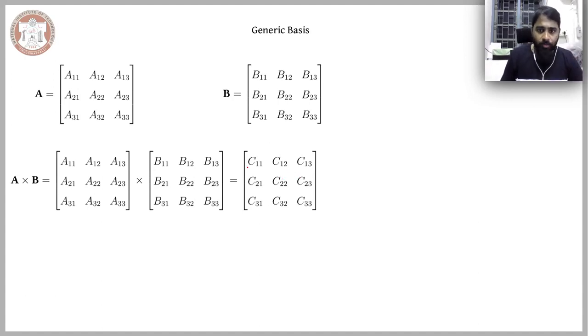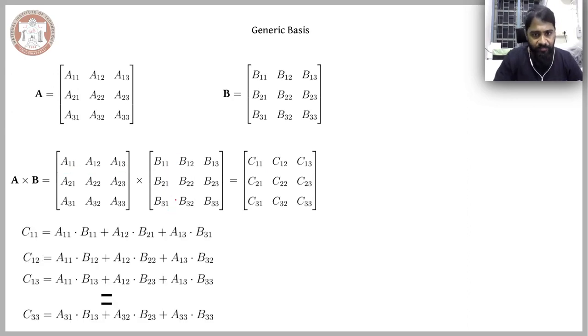For instance, C11 is the product of this row and this column, so ultimately we will write C11 as something like this. The expression that corresponds to C11 is this, the expression for C12 is this, for C13 is this, and so on.